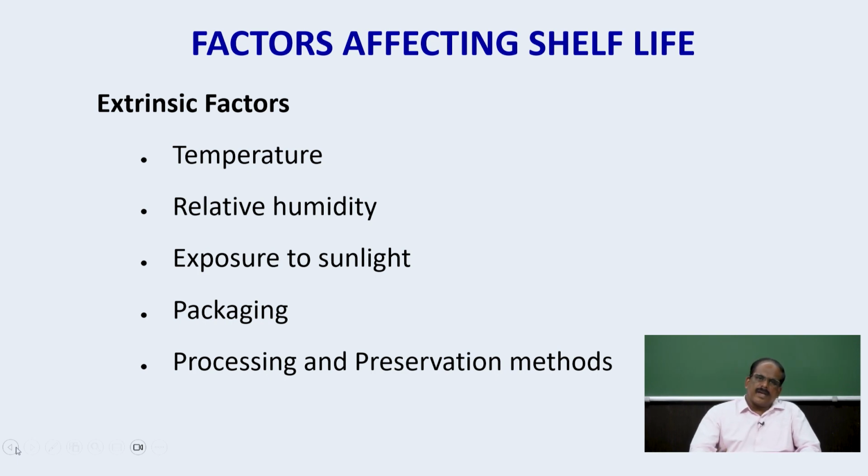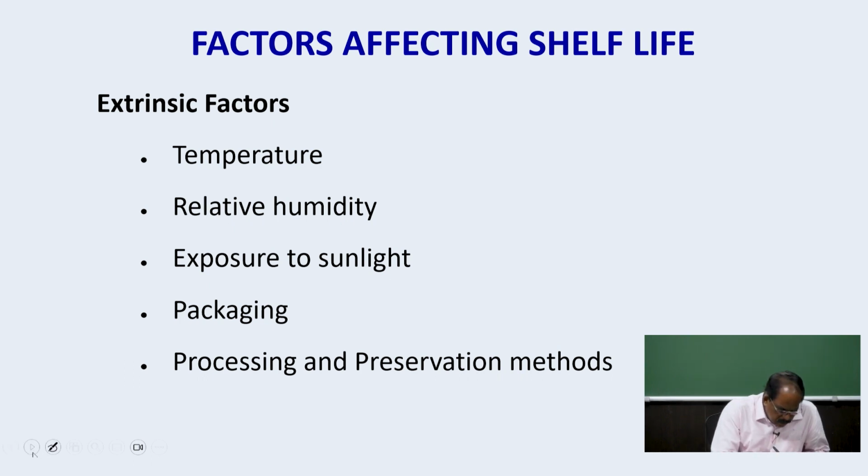Packaging: the presence of gases inside the packaging material plays a role. If oxygen is there, it promotes microbial growth, whereas CO2 reduces or prevents microbial growth. And the various processing and preservation methods are also one of the factors which affect the shelf life of the food product.